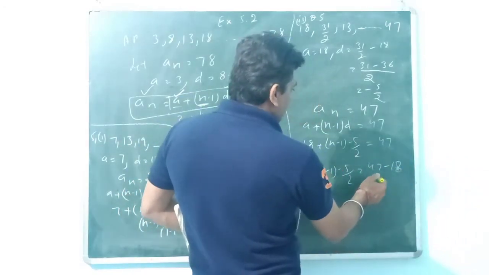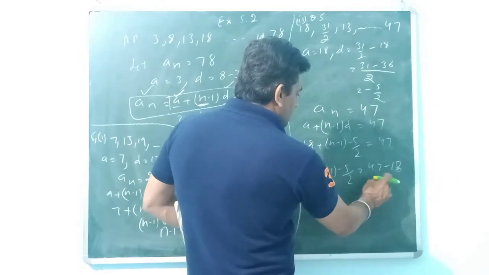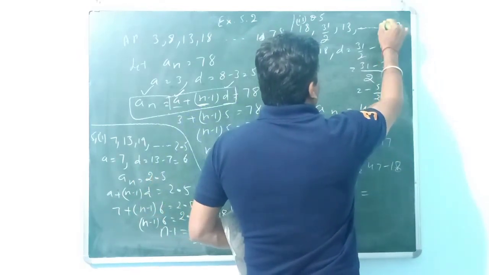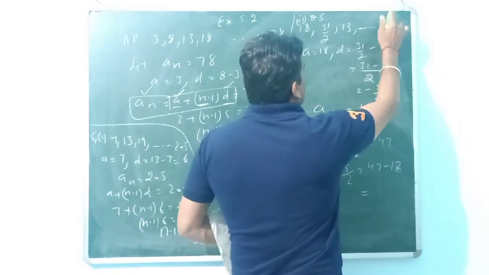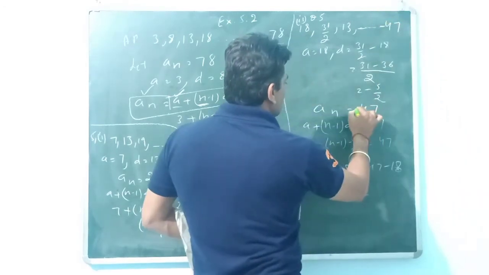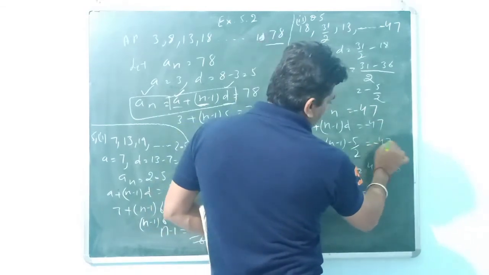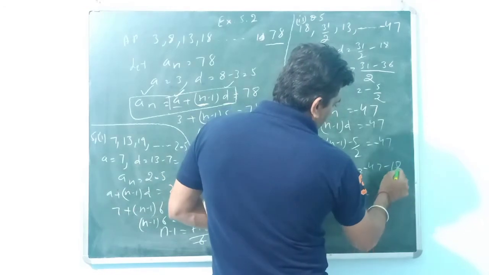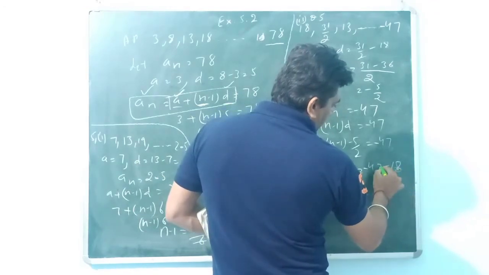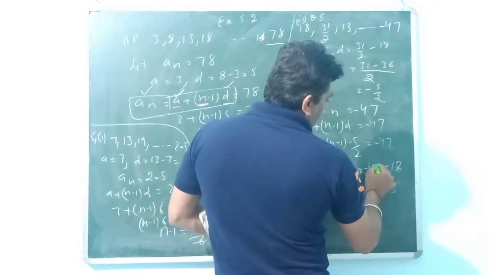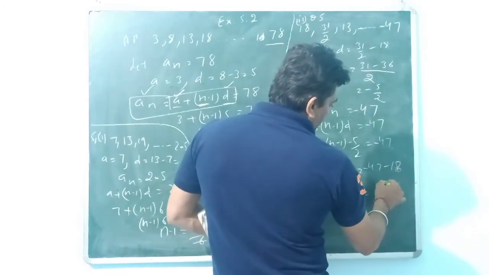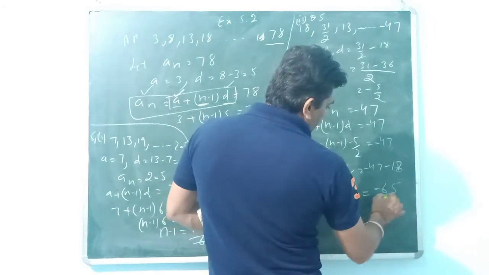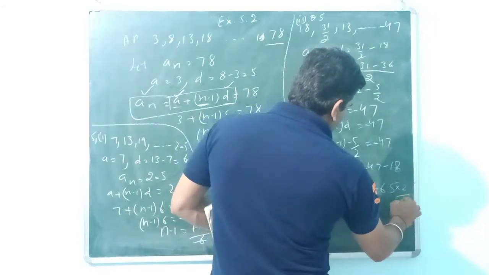If we take LCM, this side becomes negative, and 47 minus 18 gives 29. So n minus 1 equals 29 into 2 by minus 5.